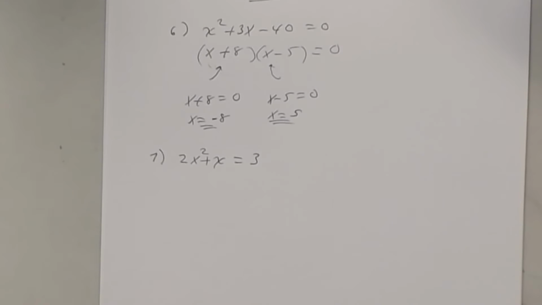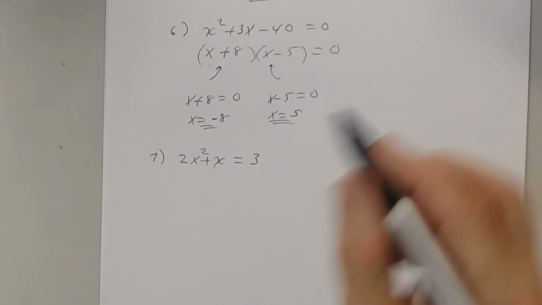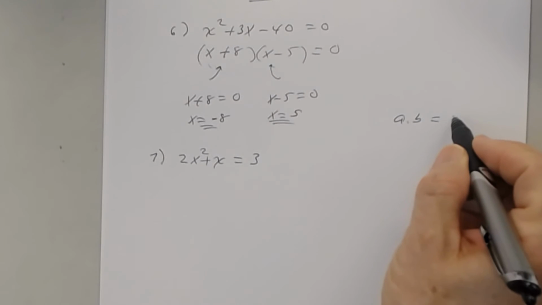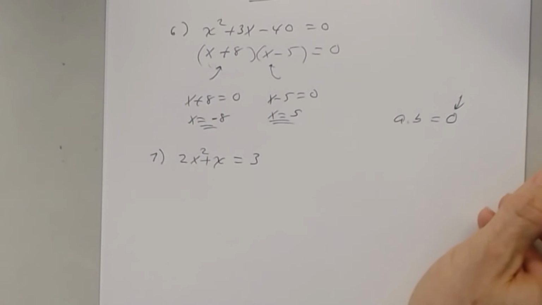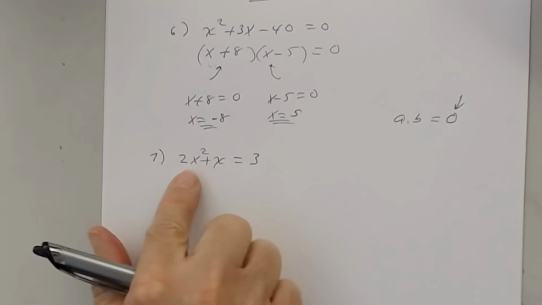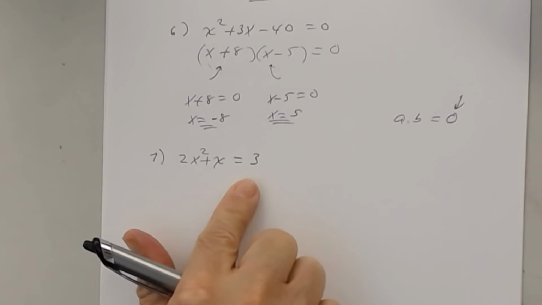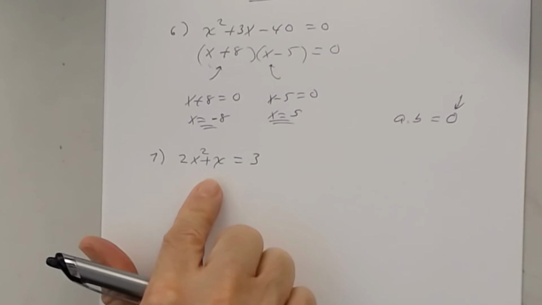Zero factor property. In order for me to use it, it says I have to have 2 or more factors, and that product has to be what? 0. So if I factor out an x here, that product's not going to be 0. It's going to be 3. So I can't use the zero factor property if that's the case.